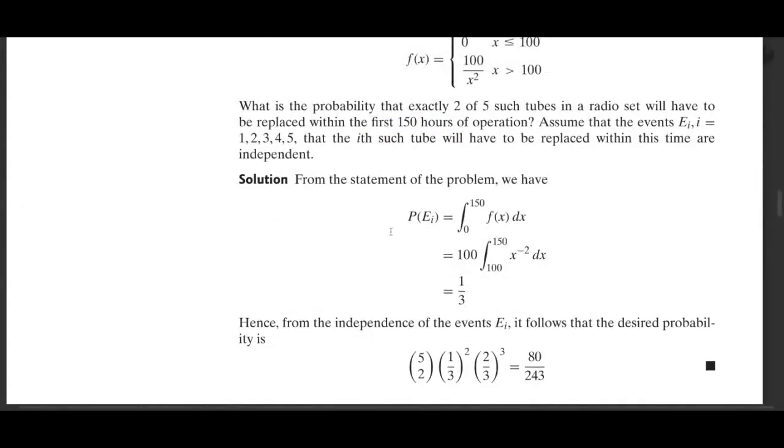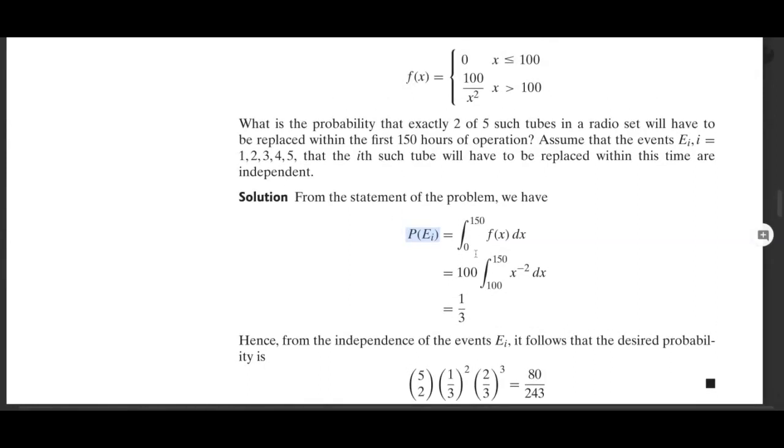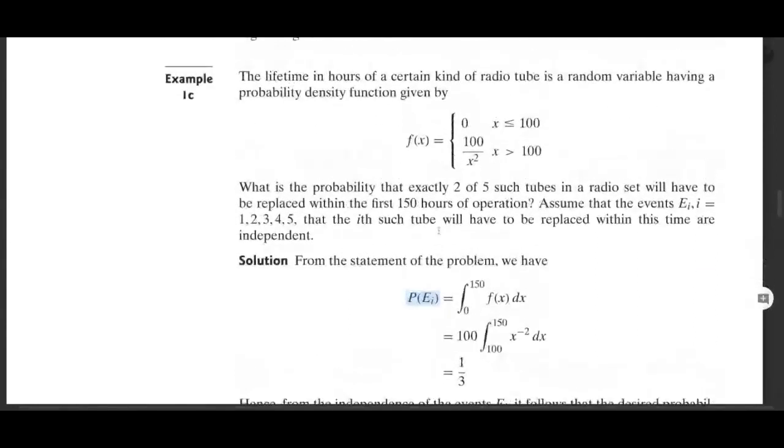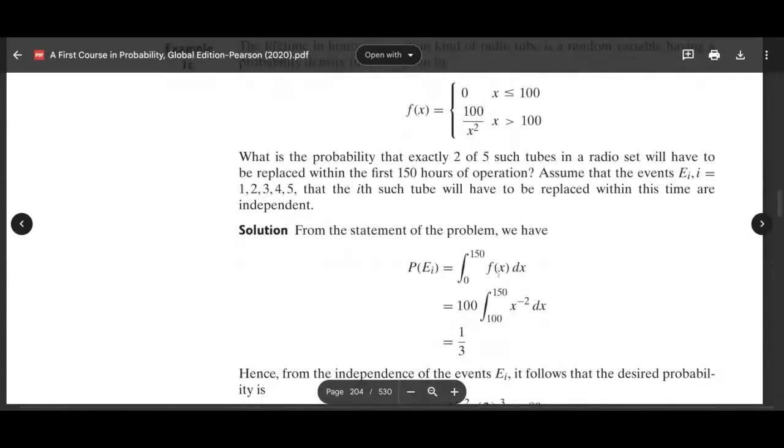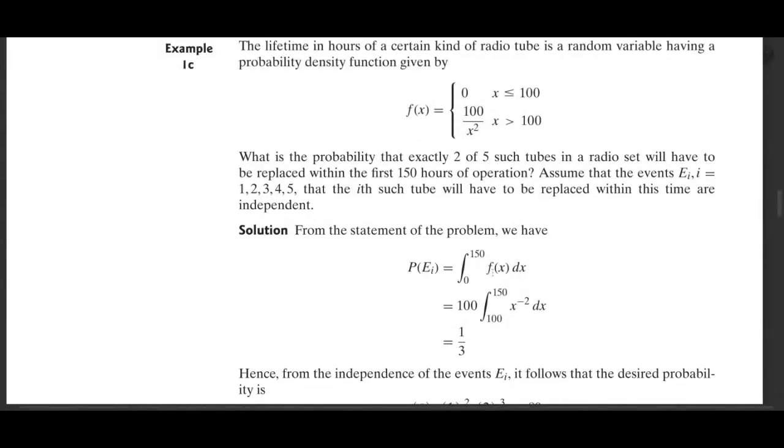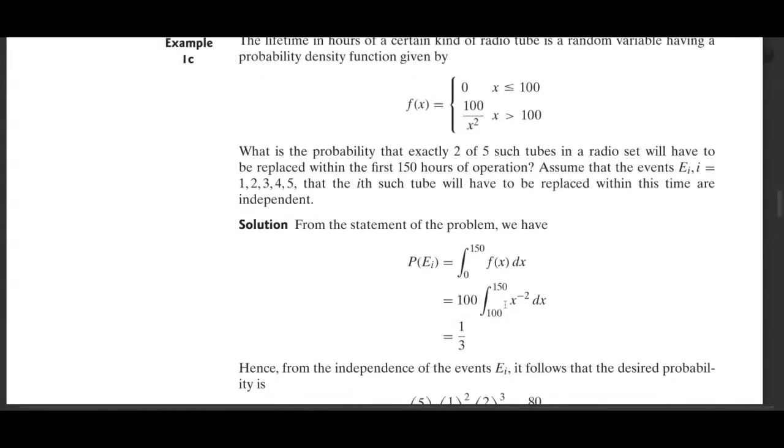From the statement of the problem, we have the probability of E_i equals, because we only want to consider the first 150 hours, so 0 to 150, we integrate the density function over this.